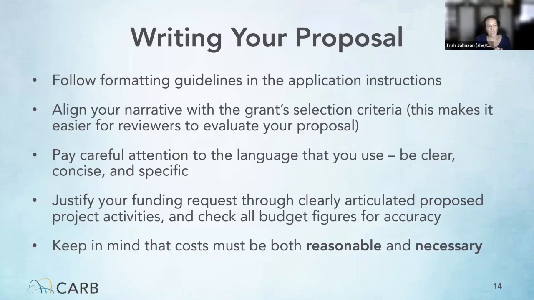Now I'm going to move into general tips when writing your proposal. We recommend following formatting guidelines in the application's instructions. In the Community Air Grant request for applications, we state applications must be legibly printed or typed double-sided on an 8.5 by 11 sheet of paper, size page, with all pages numbered consecutively.